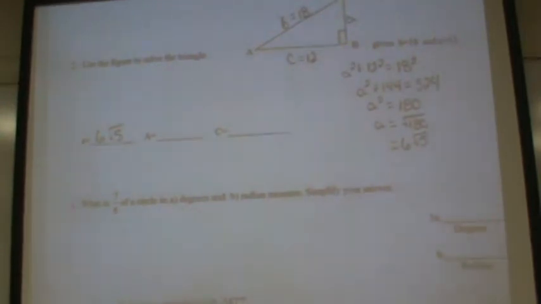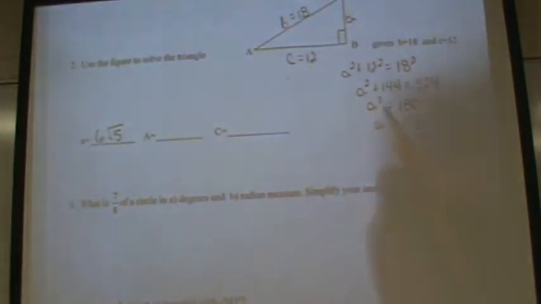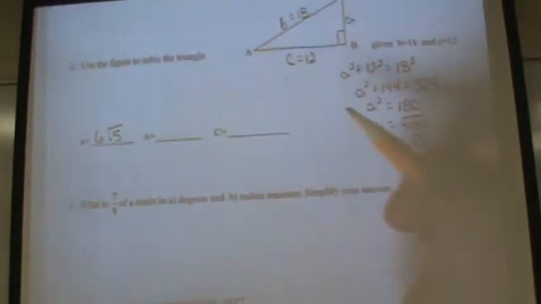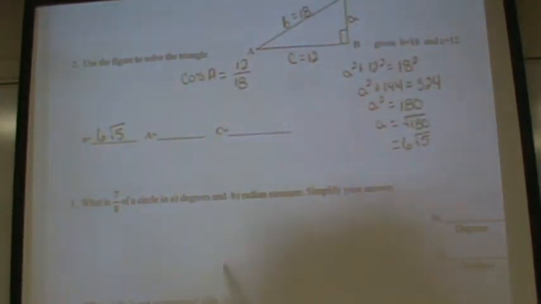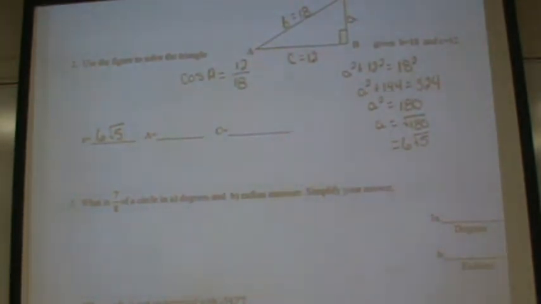So, to find angle A, given our original information, we know the adjacent side and the hypotenuse. So we can use cosine of A equals 12 over 18. And this is when you would use cosine to the -1 and punch in your fraction, and you'll get a decimal answer.